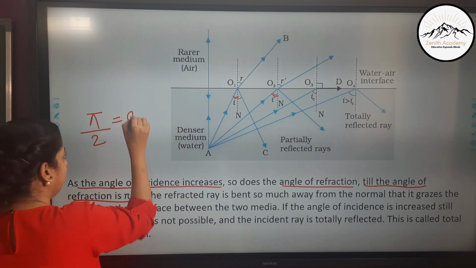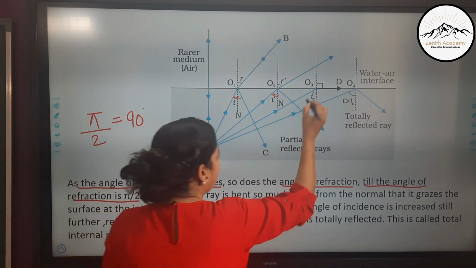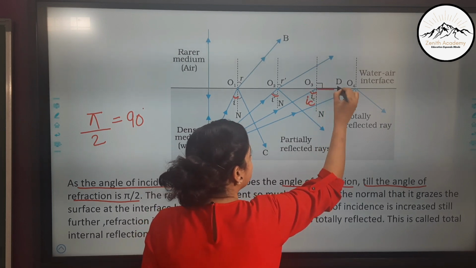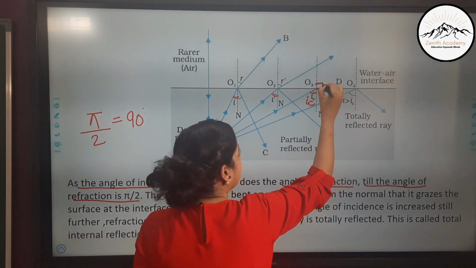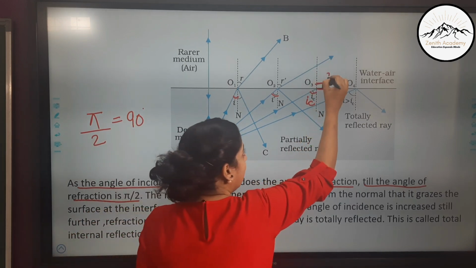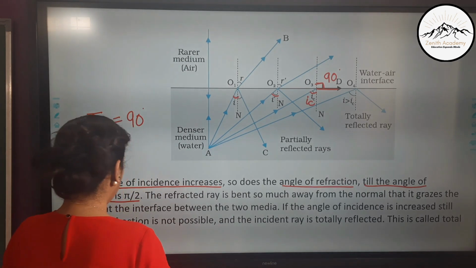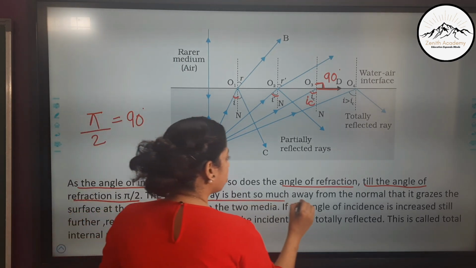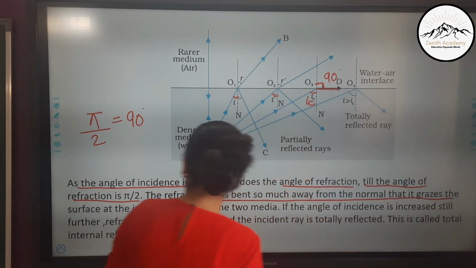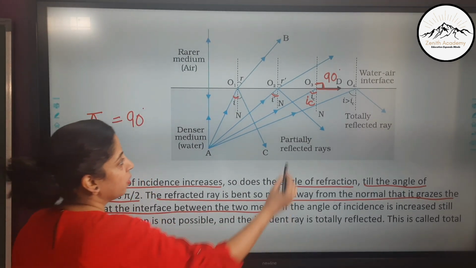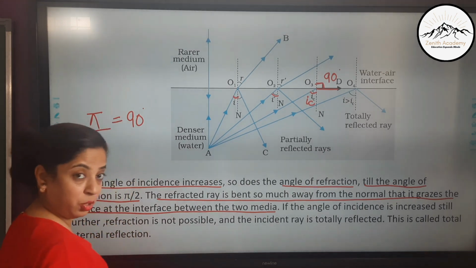That is 90 degrees. At the critical angle, the angle that the refracted ray makes with the normal is 90 degrees. Till here it will refract. The refracted ray is bent so much away from the normal that it grazes the surface at the interface between the two media.